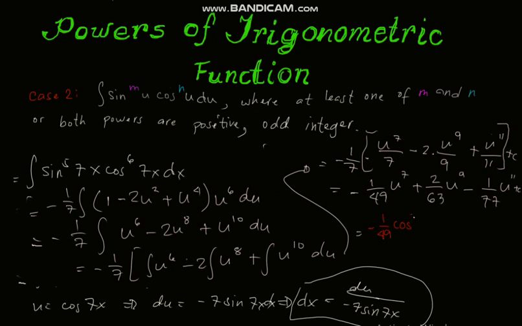Cosine raised to 7 7x plus 2 over 63 cosine raised to 9 7x, no, it's not plus, minus 1 over 77 cosine raised to 11 7x plus c.